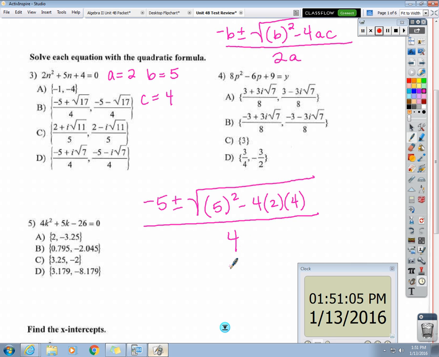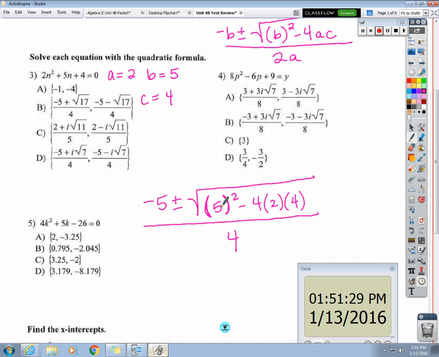A lot of times the mistake I see is kids forget to put parentheses around this number, which in this particular problem would be okay because it's positive. But if that number is ever negative and you don't put parentheses around it, it's going to mess up your discriminant. So, positive or negative, I would just stay in the habit of putting parentheses.